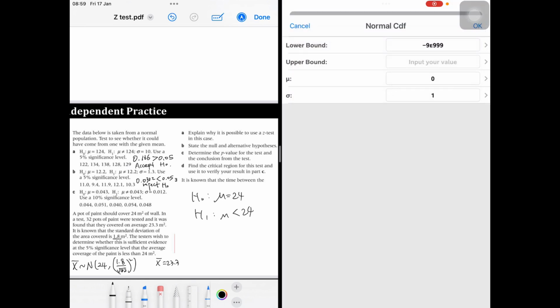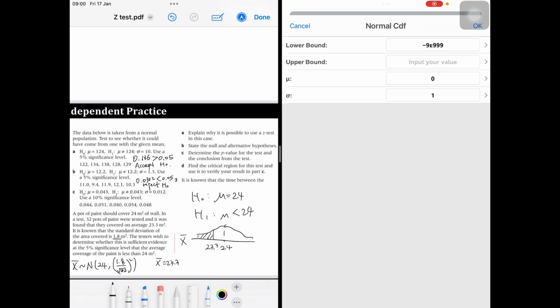So we want to know, now we have this, and this is 24. All the tests always assume that the null is true. So at this moment, we have this X bar distribution, which is 24. And now we have 23.3.